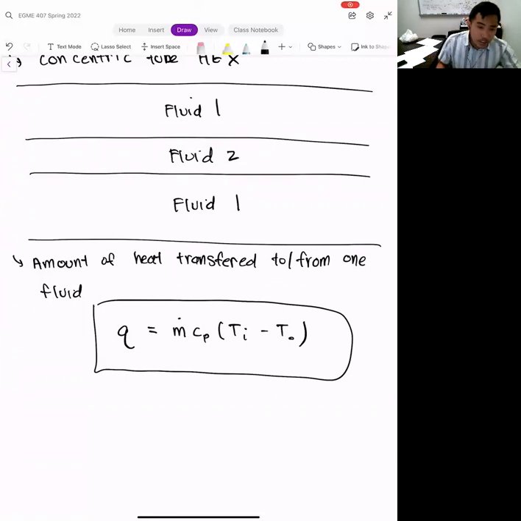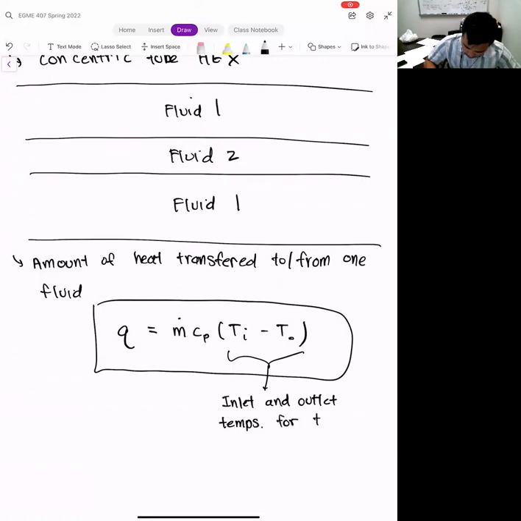And when I say inlet and outlet temperatures, you have to be careful that you're using the same fluid for them, so don't mix them up. I think that's one important formula to know from this.